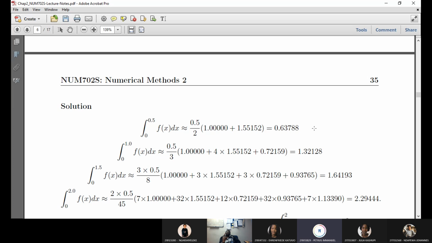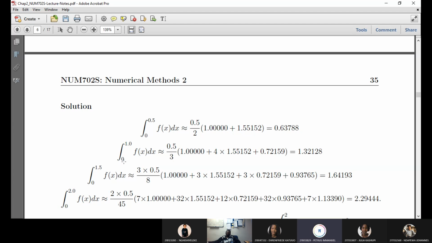But what I want to draw your attention to is the fact that all these values will not be the same. Why? Because you can see that the limit of integration varies. So we cannot compare these results, because we are integrating the same function but over different subintervals. Here we integrate for the trapezoidal rule from 0 to 0.5.